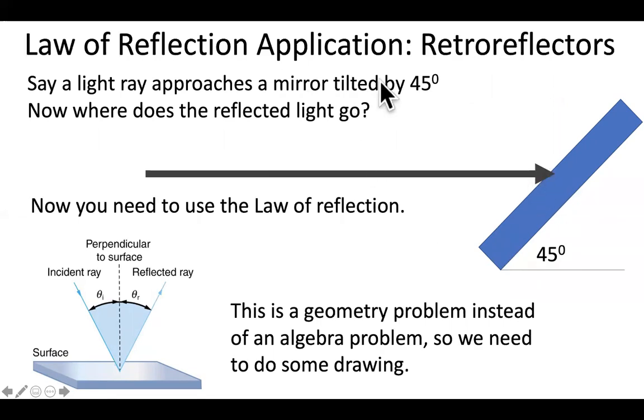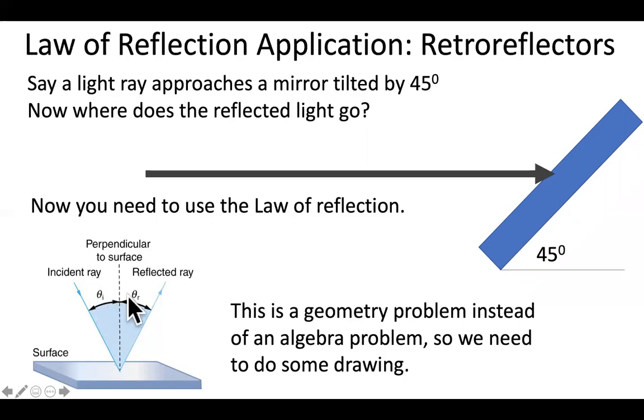If we want to answer that question in a quantitative sense, we need to use the law of reflection, that the angle of incidence and the angle of reflection are the same thing. Now, these sorts of problems can sometimes be challenging for people. It's not that the algebra is hard. The algebra is straightforward.